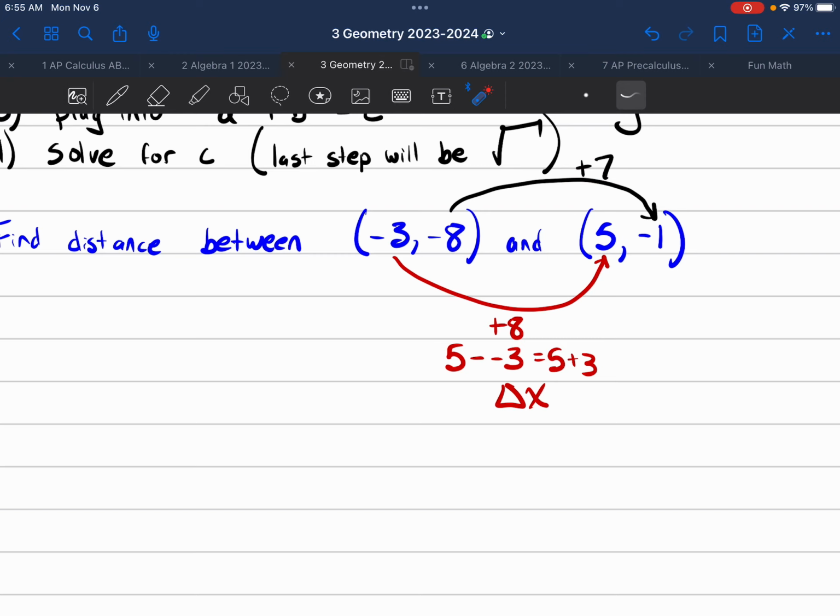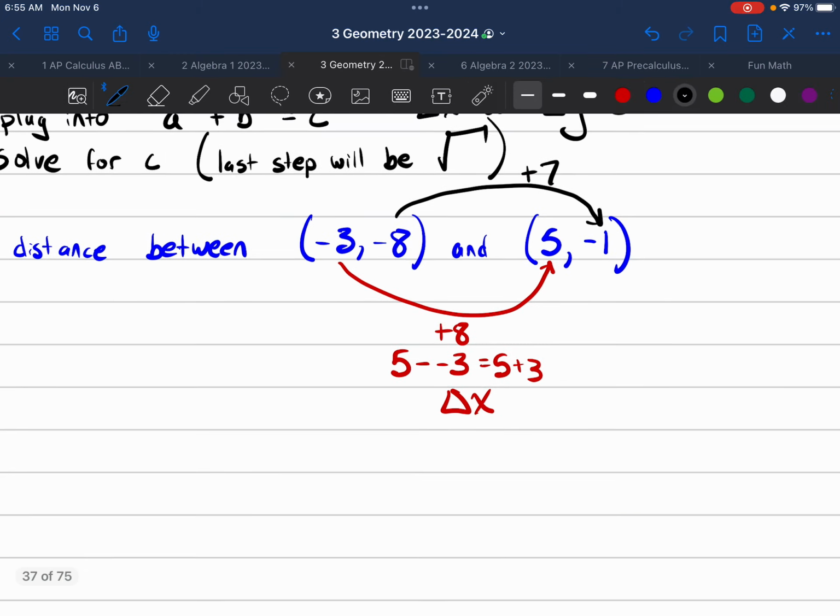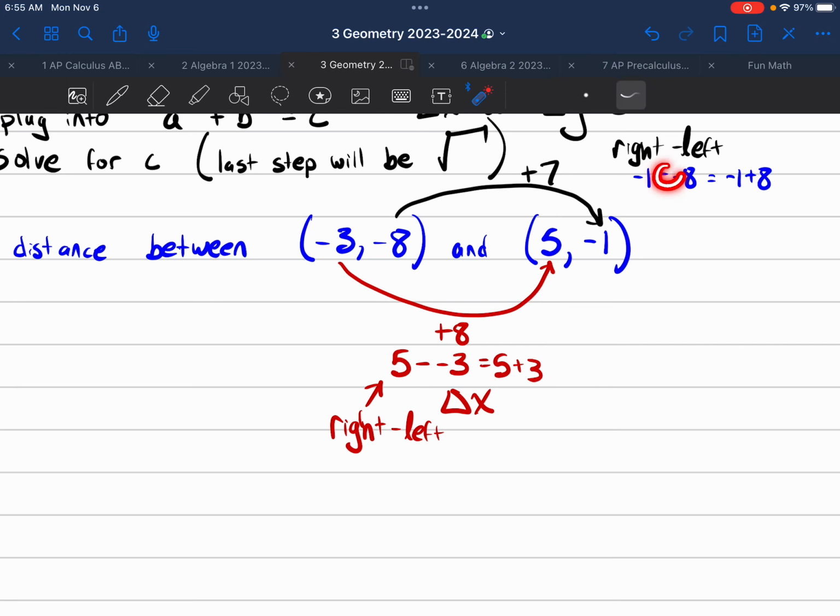And again, if you don't like this method, you can just do right minus left. So if I'm doing right minus left, which is the same thing that I did right here, this is the right side minus the left side. That's saying -1 minus negative 8, which is turning into negative 1 plus 8 because we have a double negative again.